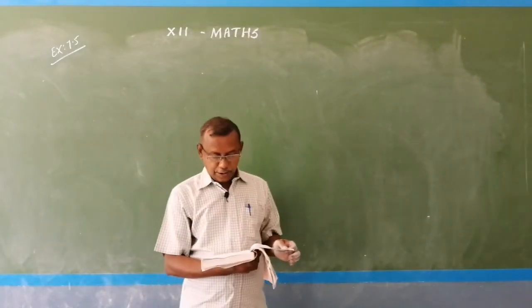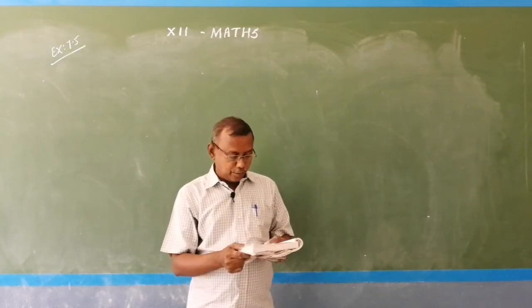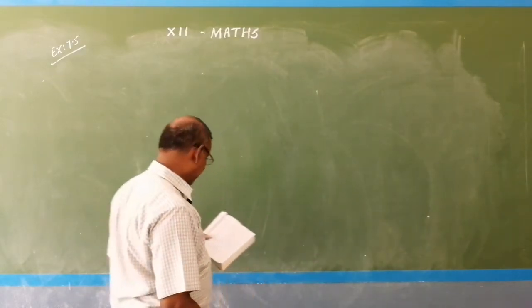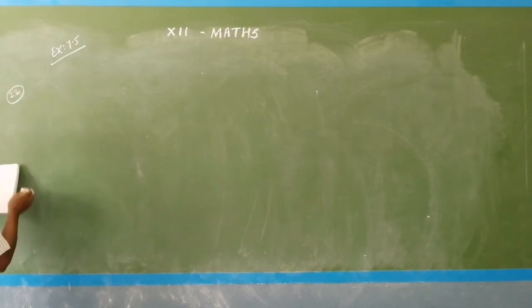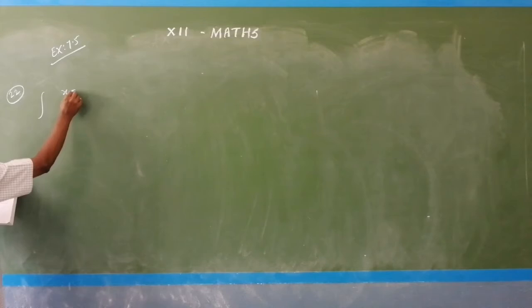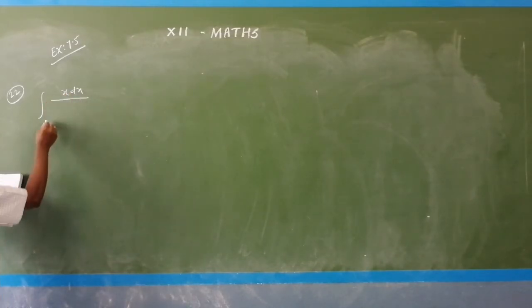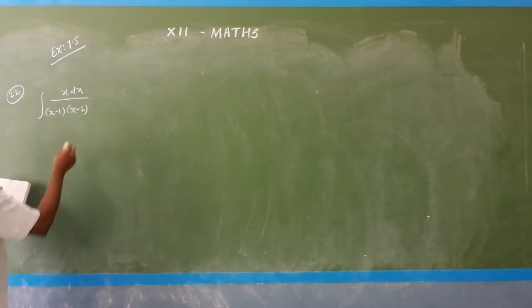Now, let me go to the choose-the-correct-answer problems, that is MCQ, question number 22. We are given the integral of x dx divided by (x minus 1) into (x minus 2).